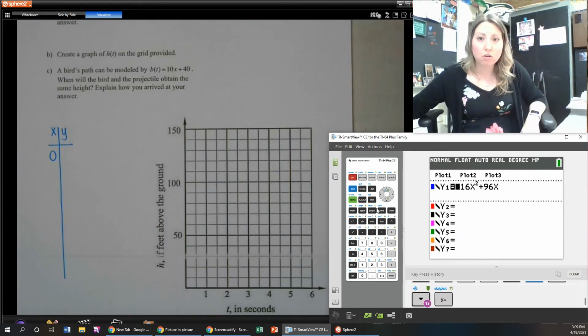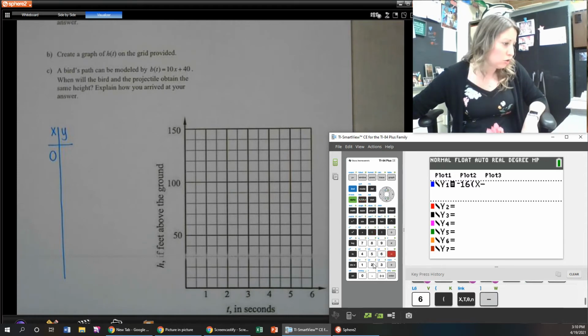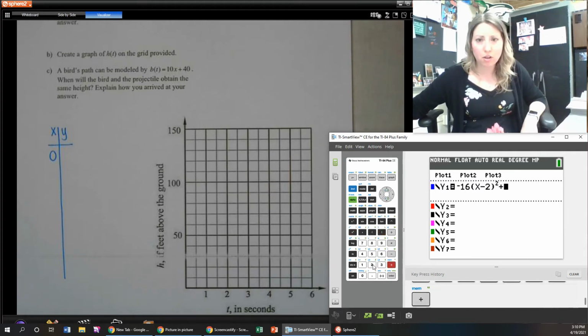So y equals negative 16, front parenthesis, x minus 2, end parenthesis squared, and then plus 144 at the end.